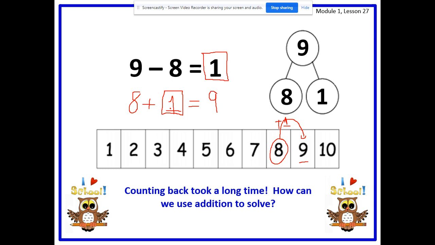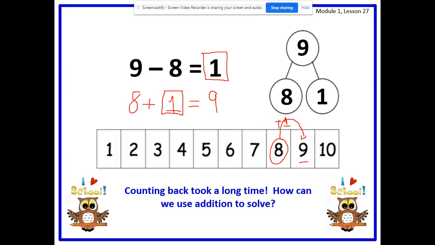Which way was more efficient or faster? For me, the most efficient way, remember to answer in a complete sentence, the most efficient way was counting on. By writing my addition sentence and counting forward was faster. Why? Because we only had to hop 1 forward.